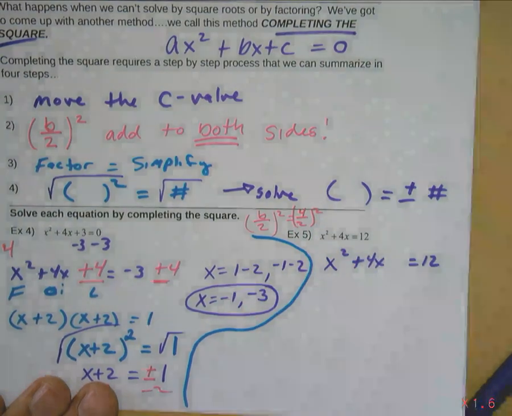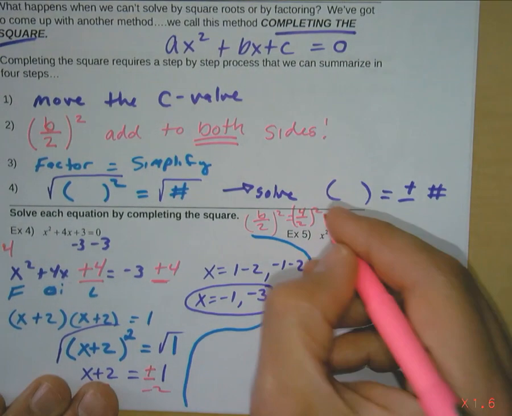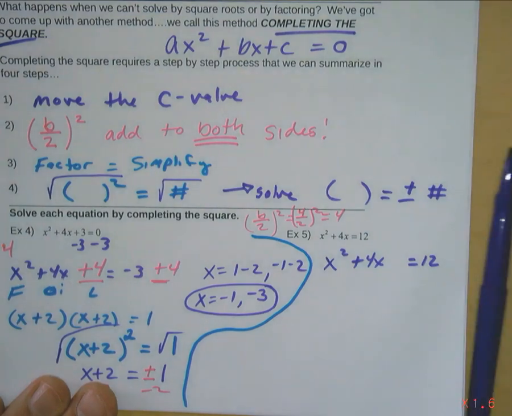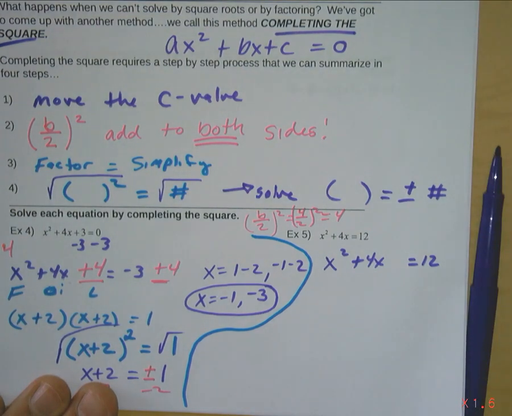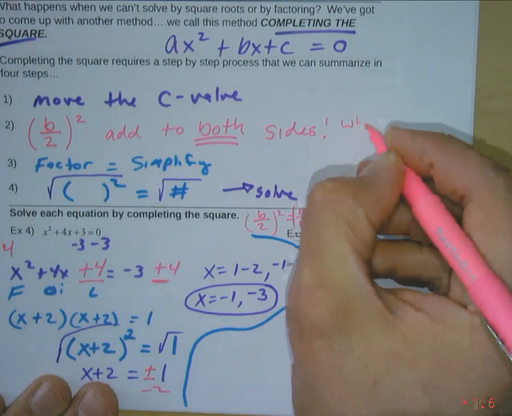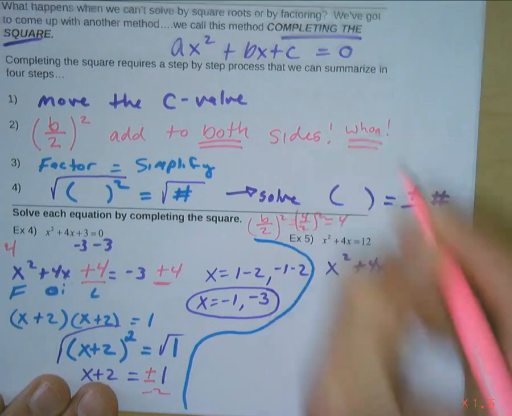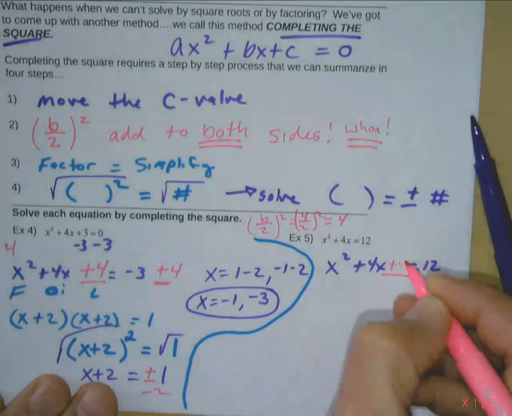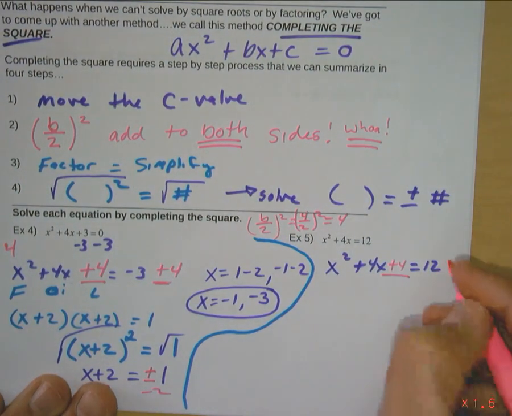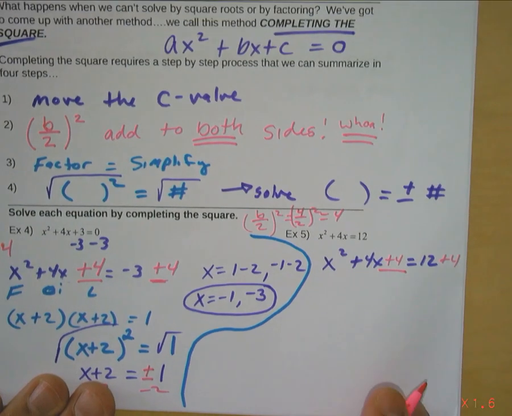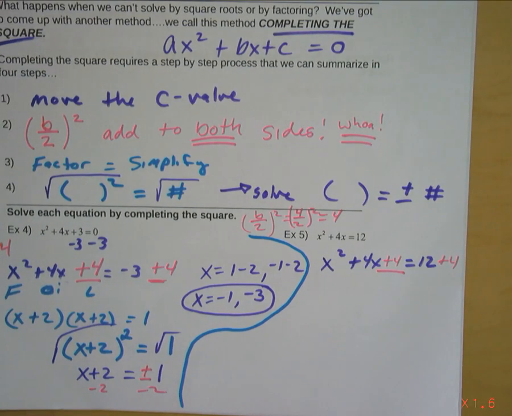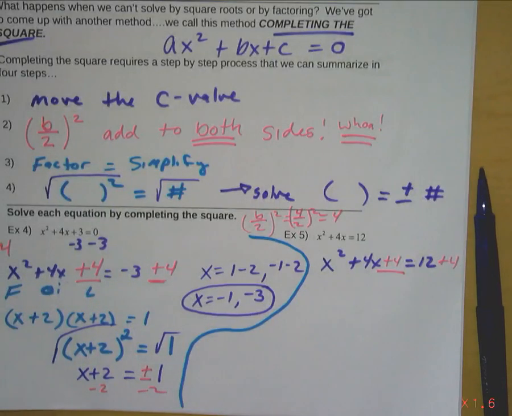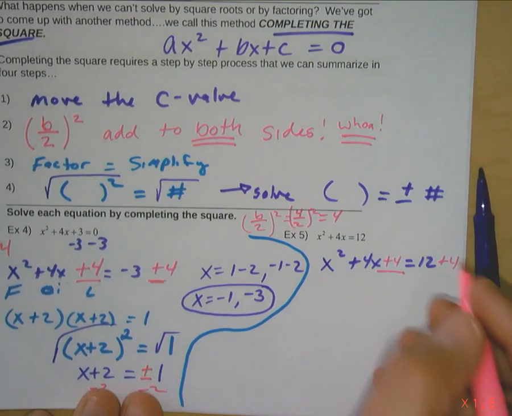We know 4 divided by 2 is 2, squared is 4. Whoa. I always say whoa on this one. If you do it to one side, you got to do it to the other side. Again, an equation is a scale. You want to keep it equal. If you add it to one side, I'm out of tilt here. I want to keep it equal. So I'm going to add 4 over there.